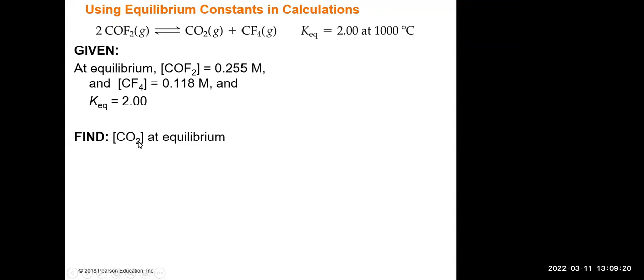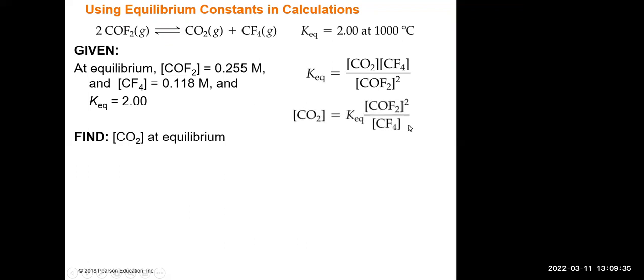Now you are asked to calculate this other product, CO2, at equilibrium. You do just as in the last slide: first write the equation for the K sub EQ. Then you solve this equation for what you want to calculate, the CO2 at equilibrium. You multiply this over, then divide that out, and therefore you get this equation.